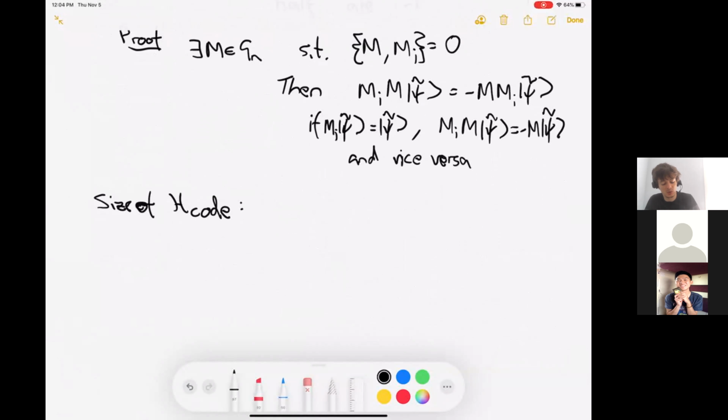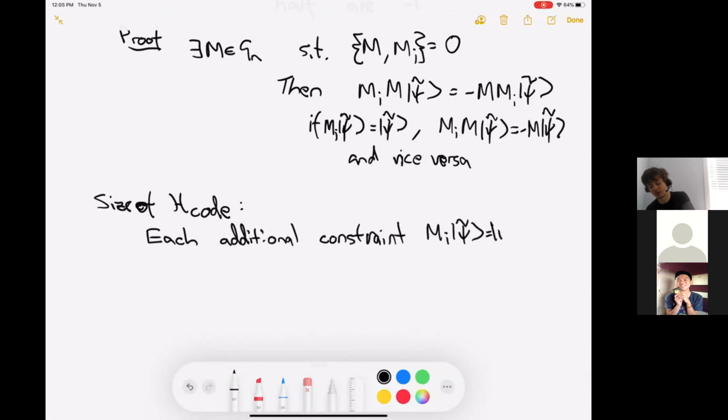So basically the way it's going to work is that each additional constraint that we need, Mi psi tilde equals psi tilde, is going to cut the dimension of H_code in half.